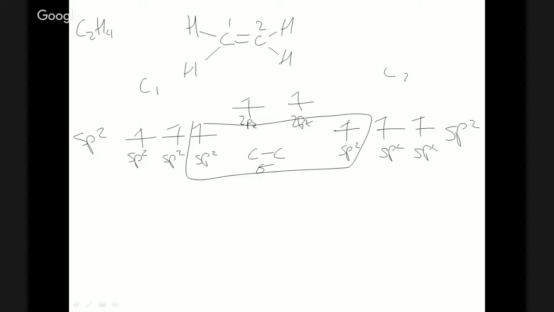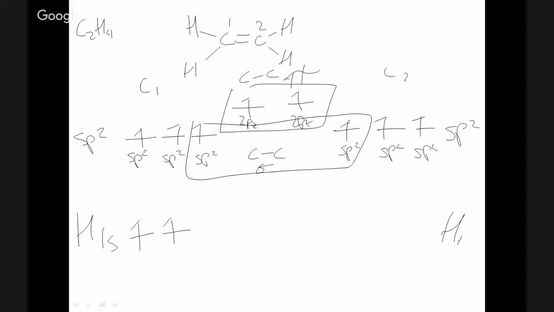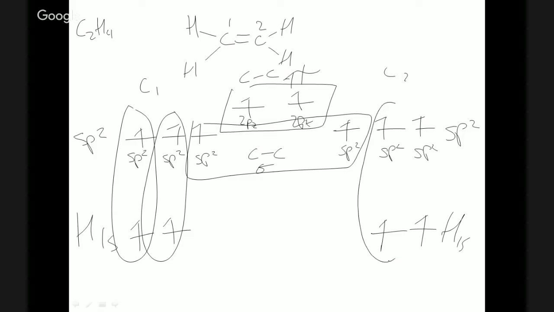The leftover p orbitals form the double bond, the pi bond, C pi, okay? What are these forming? H1s. We got 2 hydrogens, each with a pair of electrons. CH bond, CH bond, CH bond, CH bond, okay? CH sigma bond.